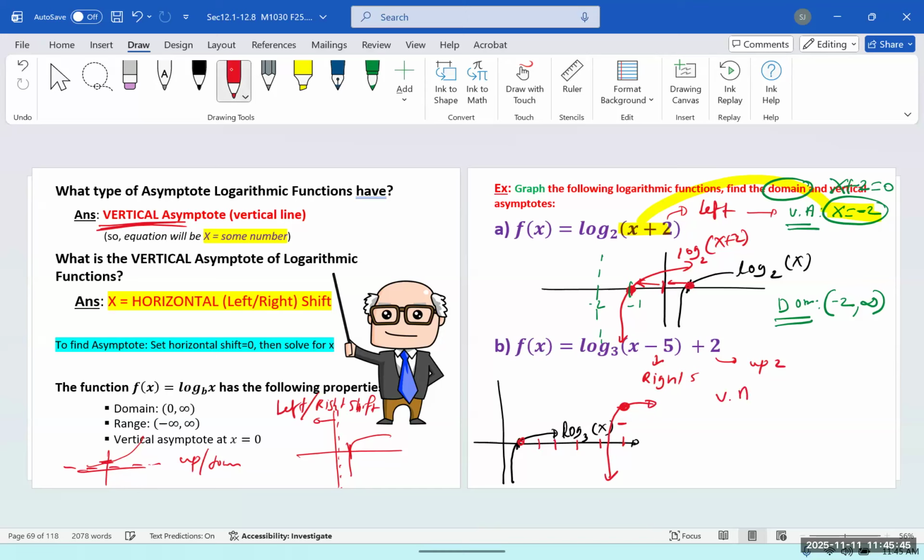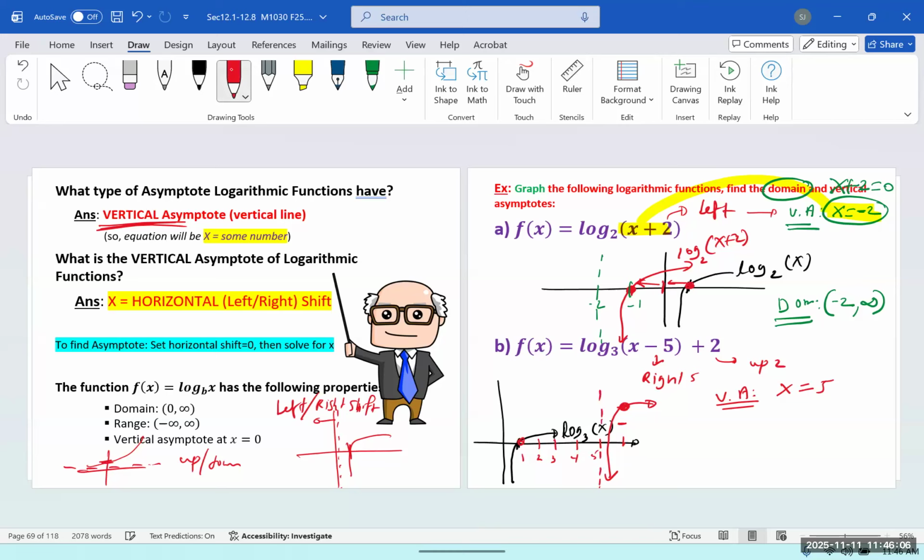So what is the vertical asymptote? Which line can you not cross? 5. Only 5? X equals 5. It's a line, so it's an equation. X equals 5. So this is 1, 2, 3, 4, 5. So 5 is here.